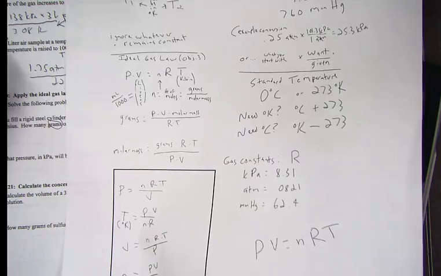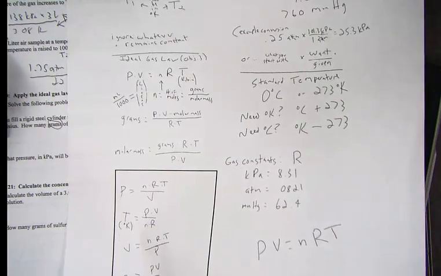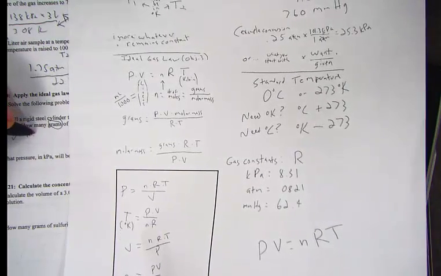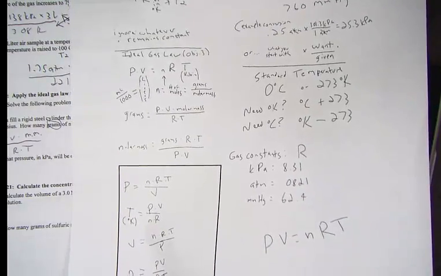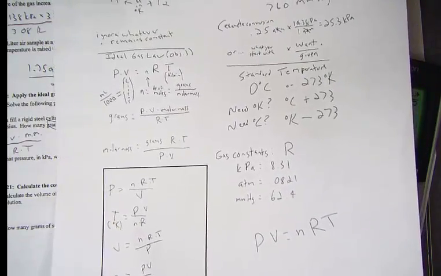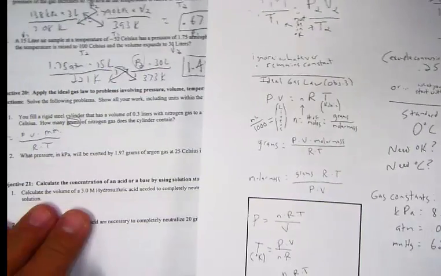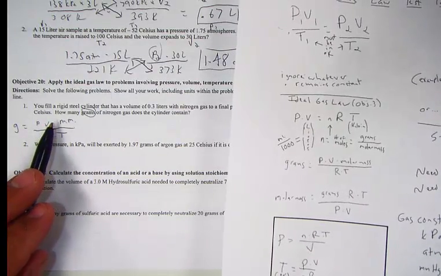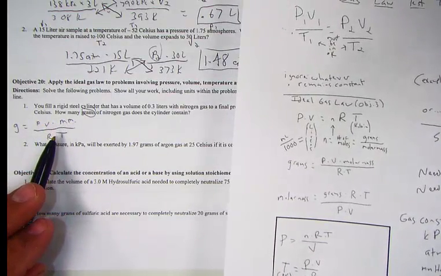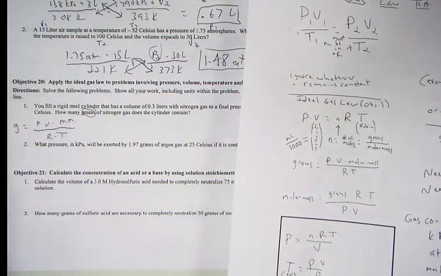Grams is equal to PUV molar mass over R times T. Lots of stuff, but as long as I know what they all mean, I should be able to go pick through this and find them. G equals PUV molar mass divided by R T.